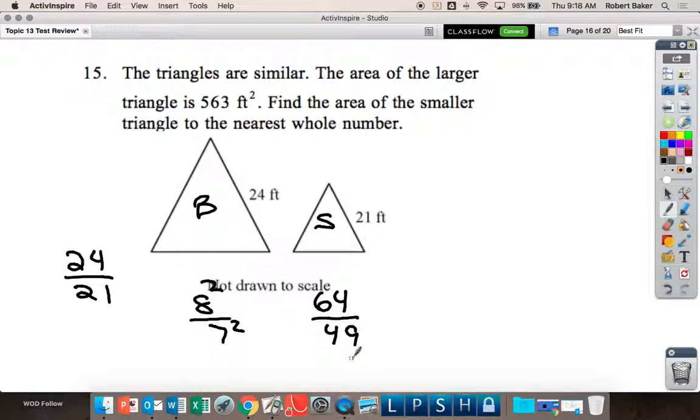It says the area of the larger triangle is 563, and you're looking for the area of the smaller triangle. So 563 times 49 is 27,587.